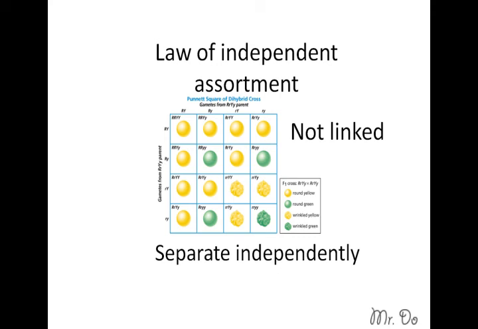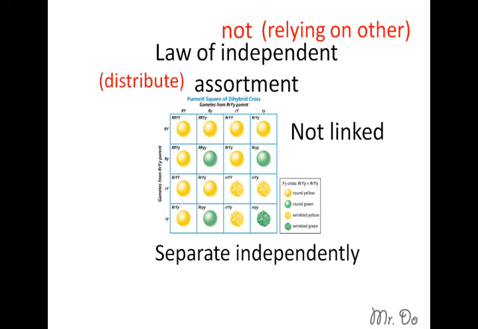The word dependent means relying on others. The prefix in front of a word means not. So not relying on each other, and assortment means to distribute. So these alleles are being distributed randomly, independent of one another. They're not relying on one another. They don't go together.